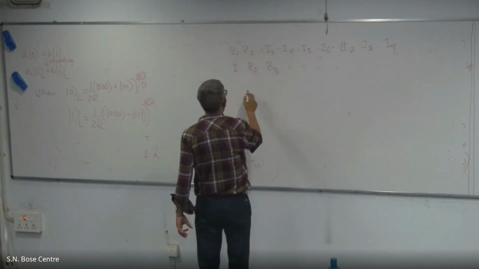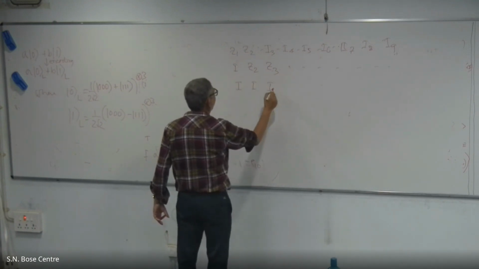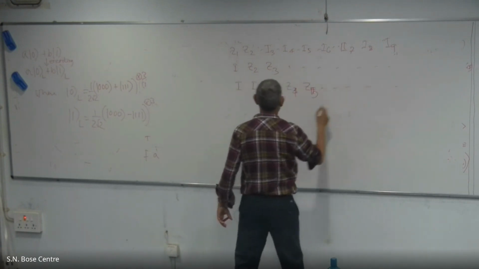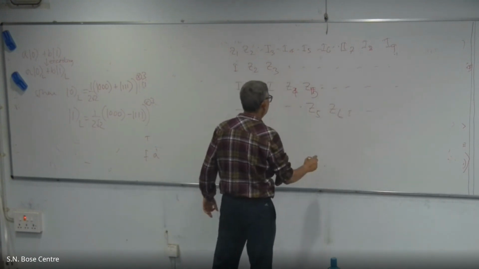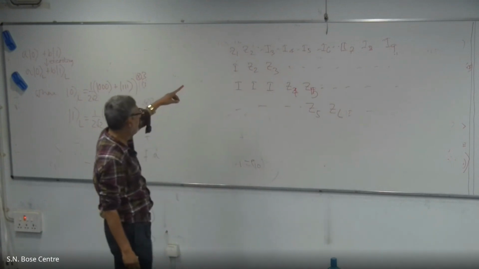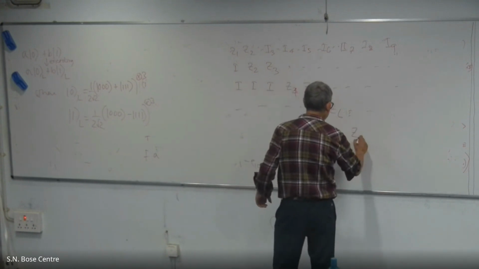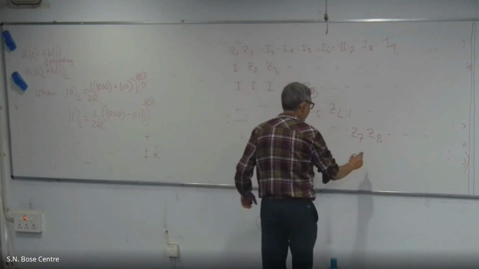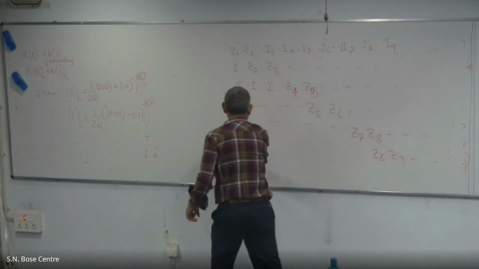Then Z4, Z5, rest are identity. Then Z5, Z6, rest are identity. How many operators are there? Z3, Z4 also. Z4, Z5, this. Then Z8, rest are identity. And Z8, Z9, rest are identity.